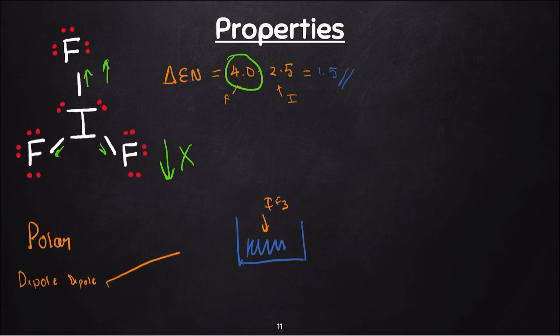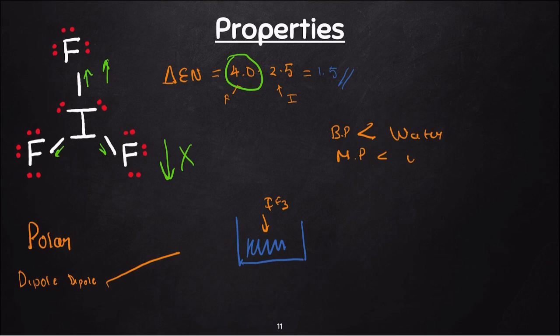Since this has a stronger intermolecular force in comparison to our weak London dispersion forces, that means we have a higher boiling and melting point in comparison to non-polar molecules. However, it will have a lower boiling point and melting point in comparison to water.